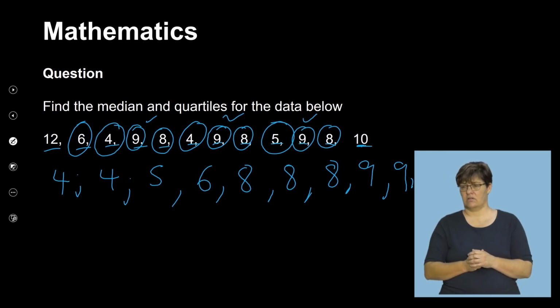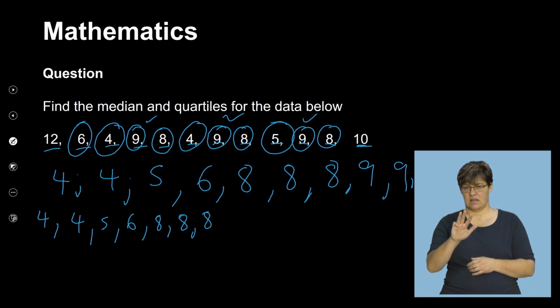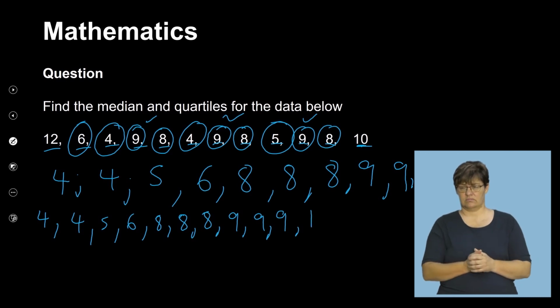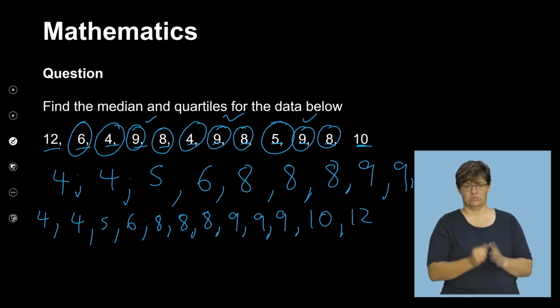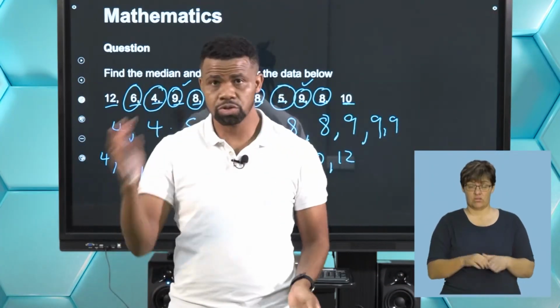So let me write this. It's 4, 4, 5, 6, 8, 8, 8. Okay? 9, 9, 9. Then we're going to put 10 and 12. So it's arranging that from the smallest to the highest.